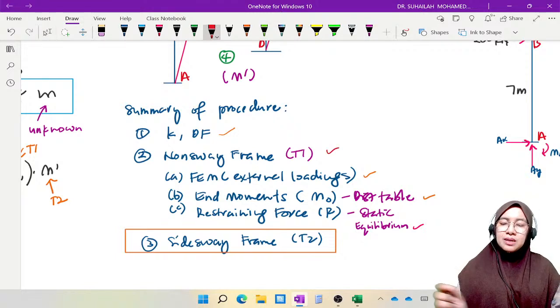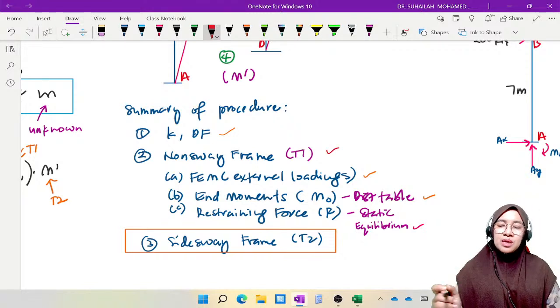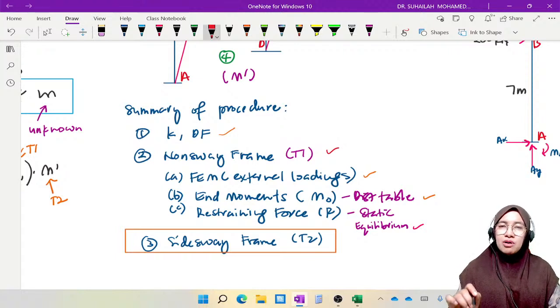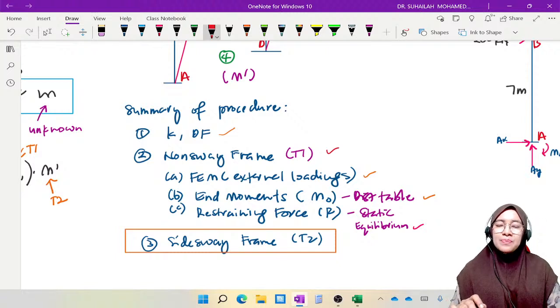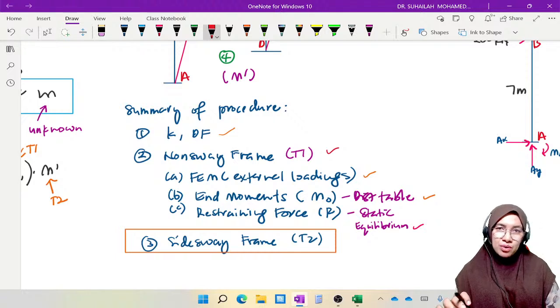In step number 2, we calculate FEM due to external loading, where the external loading is given in the question. From FEM we calculate the member end moment, or internal moment, and this moment we label as M naught.